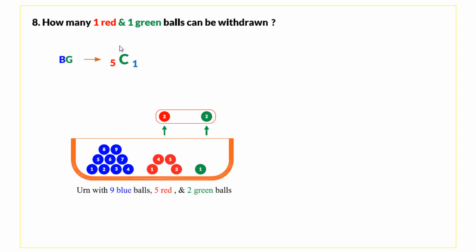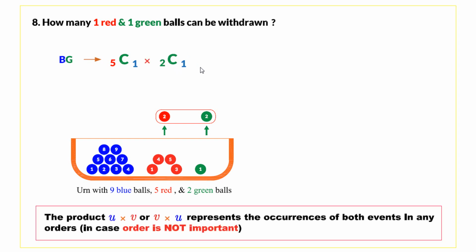So the number of ways of picking 1 red out of 5 is 5 combined 1, and the number of ways of picking 1 green out of 2 is 2 combined 1. We use the multiplication principle and we get 10 possible outcomes of 1 red and 1 green together.